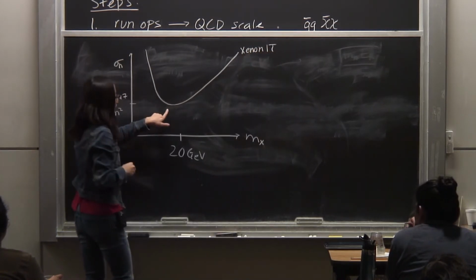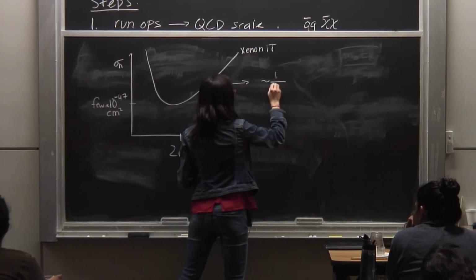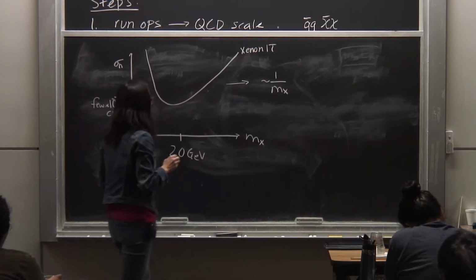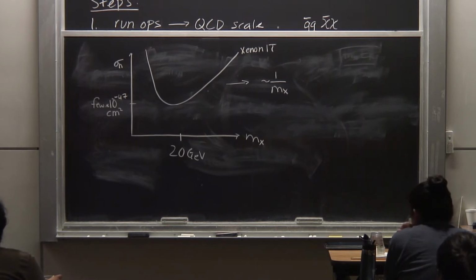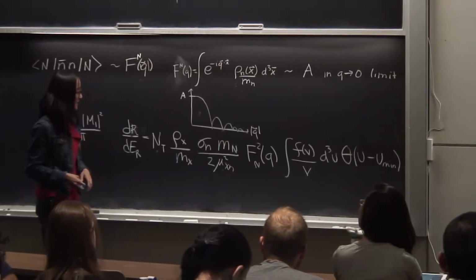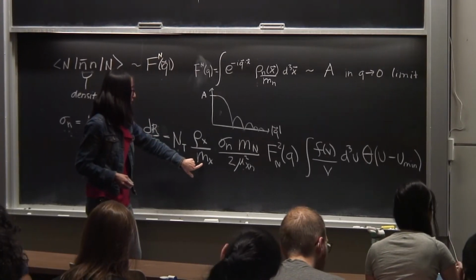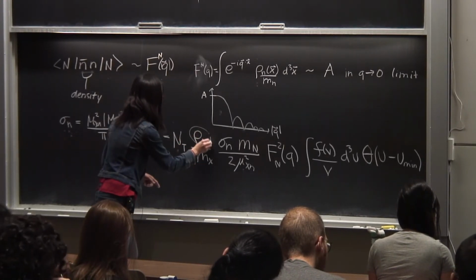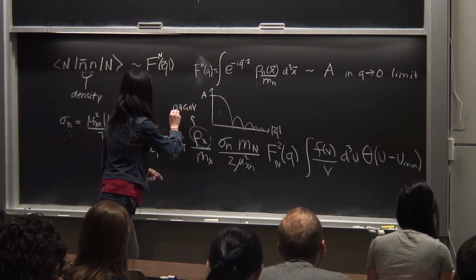We have that the behavior of their limit in the very high mass part goes as 1 over mx. That's because everything in these integrals, everything out here, the dependence on the dark matter mass kind of drops out. All the factors of reduced mass just turn into either the nucleon or nucleus mass, and we just get the 1 over mx, where the energy density is fixed to be the fixed value.